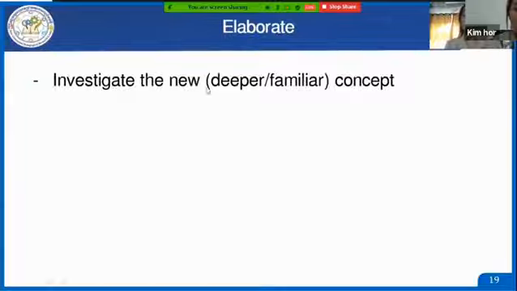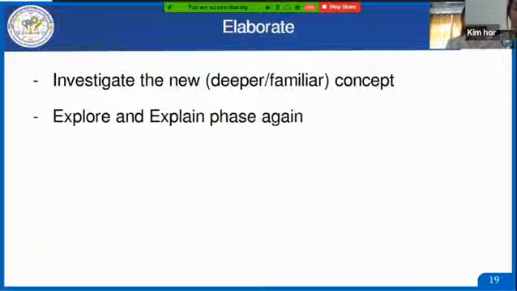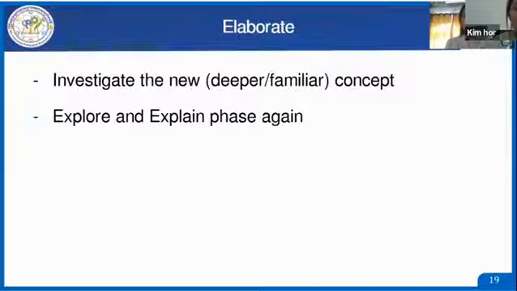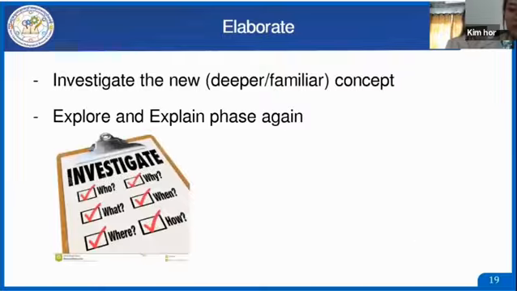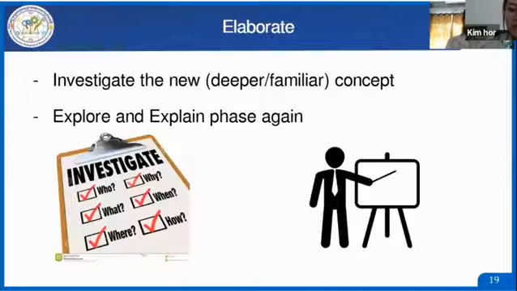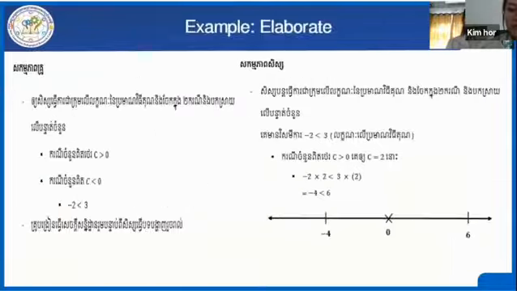If the teacher observes that the students still do not understand clearly, they can give familiar concepts for the students to investigate or explain again. So in this phase, the teachers may use the explore and explain phases again in the elaborate phase. And here is my example.